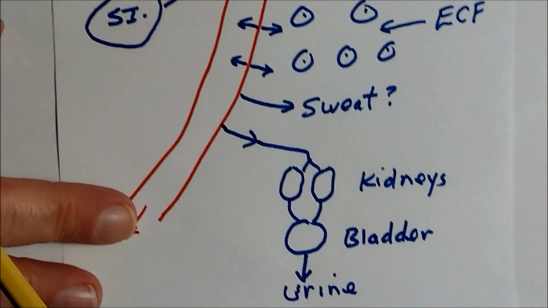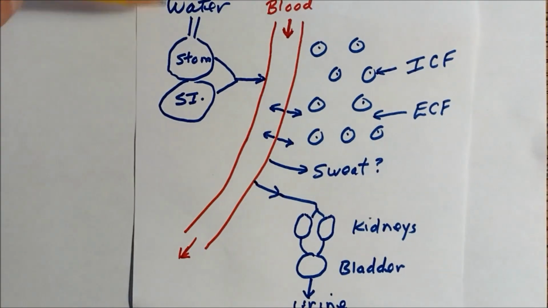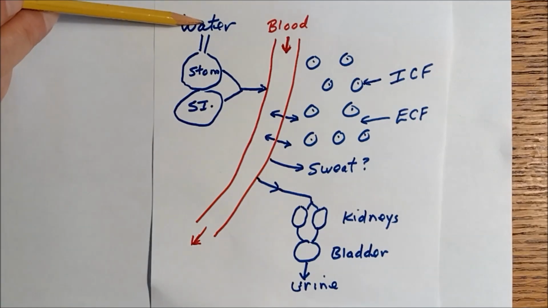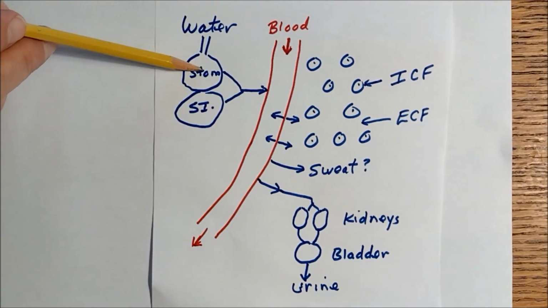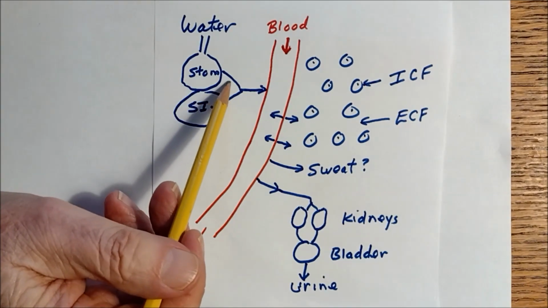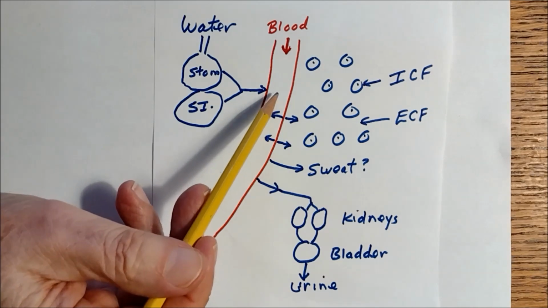Now, let's get back to our picture that can explain a little bit about blood pressure and the kidneys. Starting over here, we can see that water enters the body by drinking. So it goes first to the stomach and then the small intestine. From each of those organs, it is absorbed directly into the bloodstream.